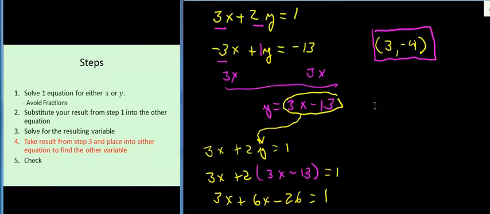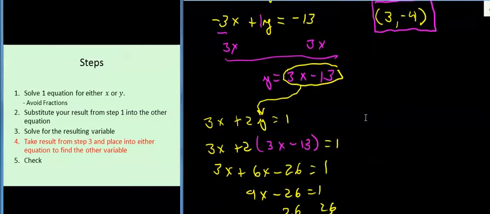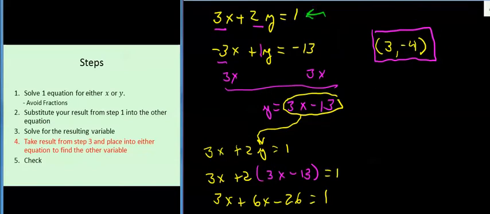So, come back up here. Here's my two equations. This one or this one, I can substitute x equals 3 into either one. We know that x is equal to 3.